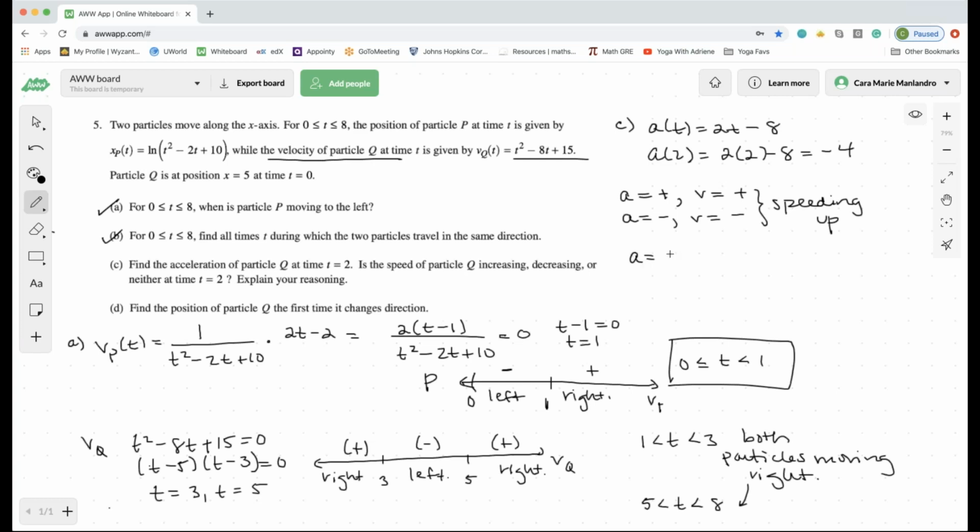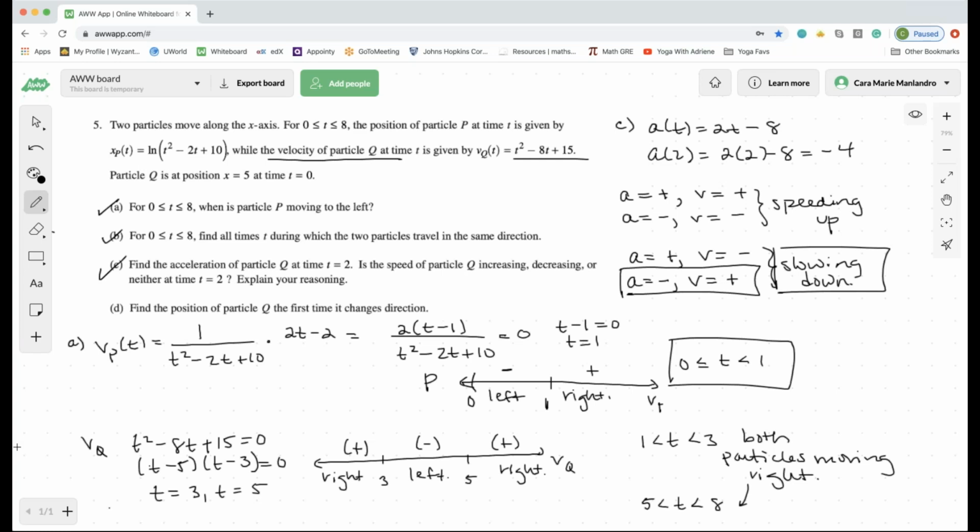If A is positive and V is negative, or if A is negative and V is positive, then you are slowing down. So if acceleration and velocity are the same sign, you're speeding up. If they're opposite signs, you're slowing down. If your acceleration is 0, then you're staying the same. So our situation here is the acceleration is negative and the velocity is positive, so we are slowing down.